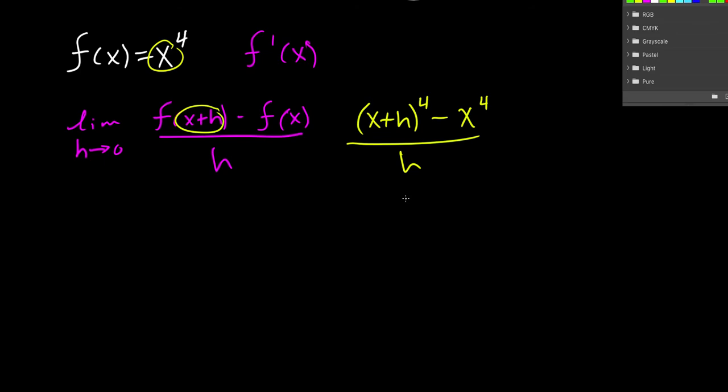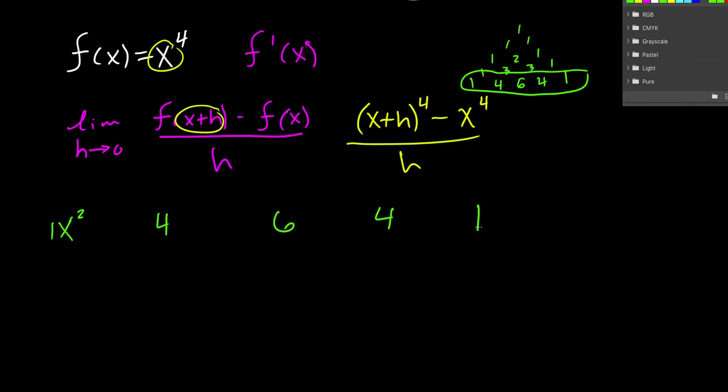Now, we can do a binomial expansion right here. So I'm going to do the Pascal's triangle method. Use this. So I get 1, 4, 6, 4, 1.